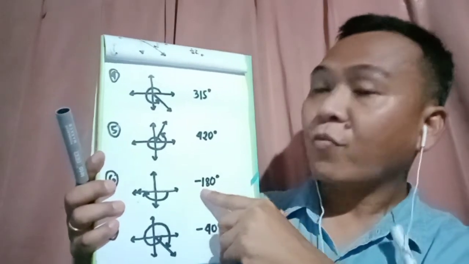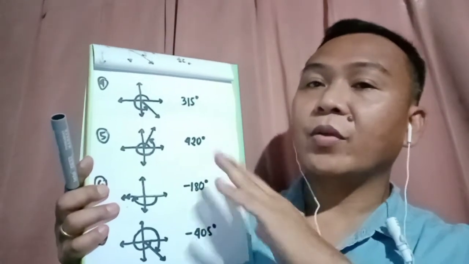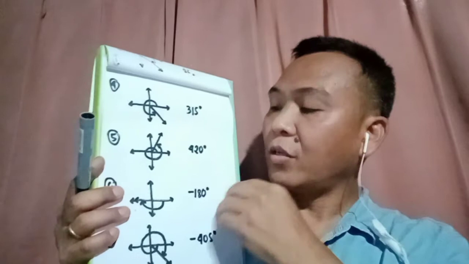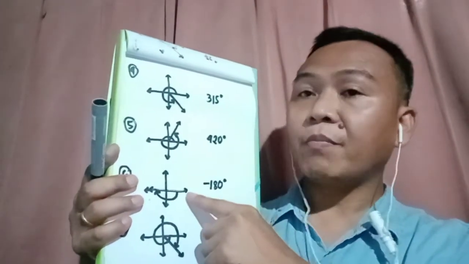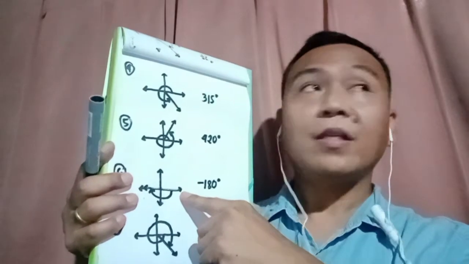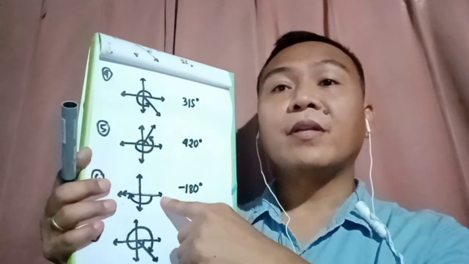This is negative 180 degrees. There is no indication where to start our initial side. If there is no indicated starting point where we will illustrate our angle in trigonometry, we always consider the positive side of the x-axis. So if it is negative 180 degrees, we start at the positive x-axis, we just have a different rotation.